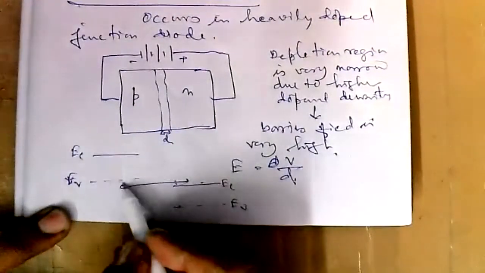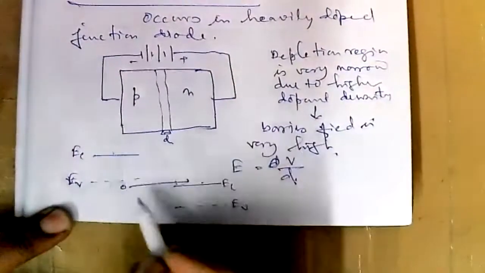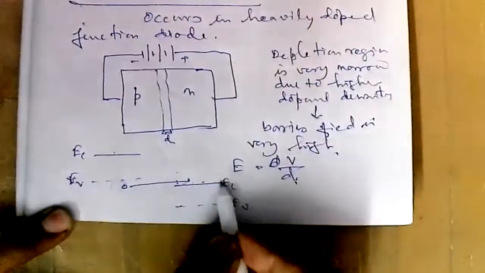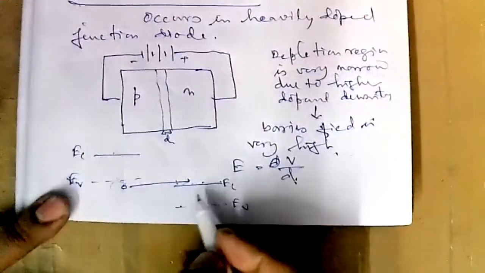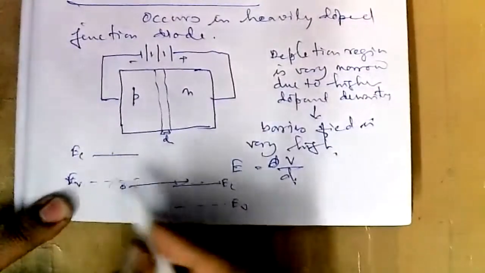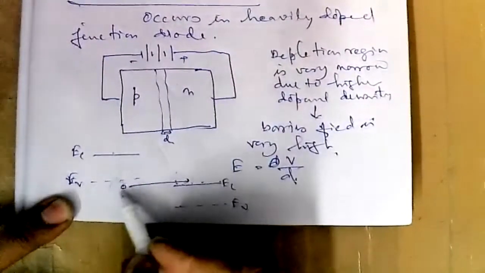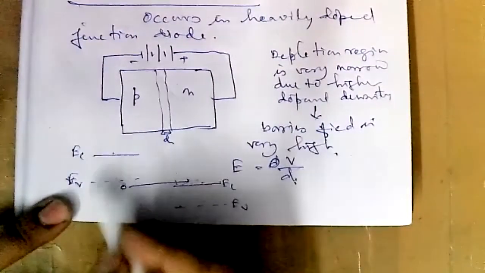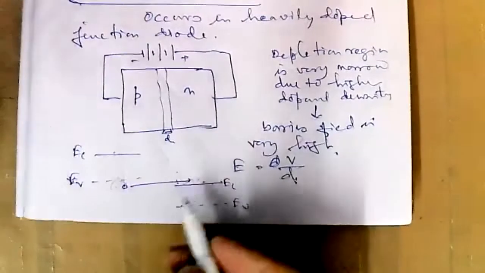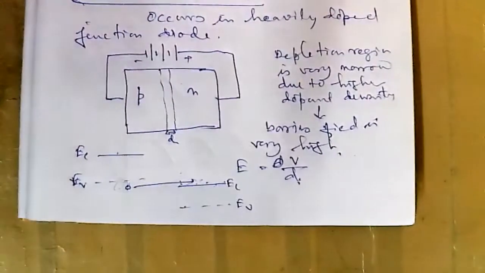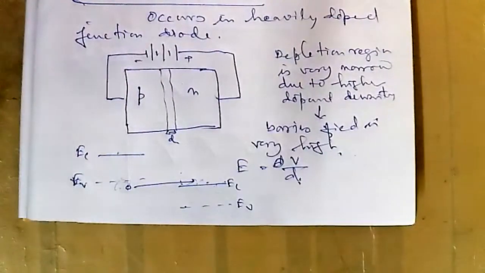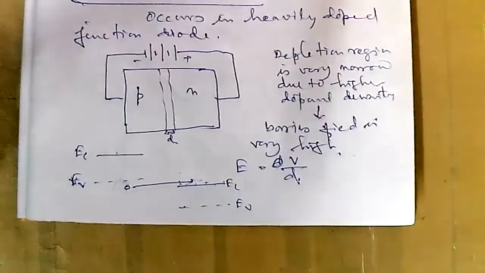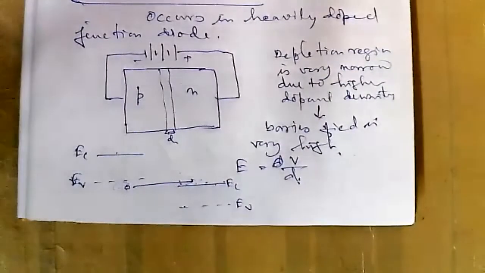Electrons from the valence band directly go to the conduction band of the other side. Similarly, holes from this side will come to this side. So there is a huge increase of the current due to this, and you will get a breakdown.